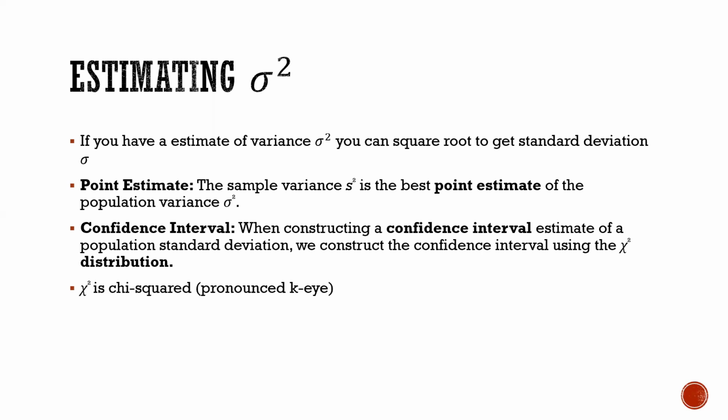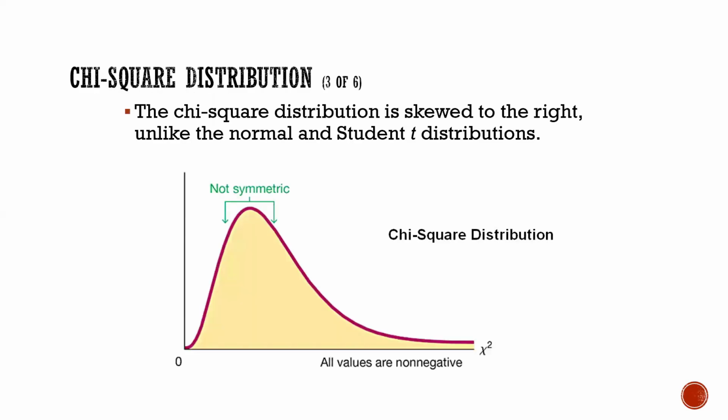It was a skewed distribution. And it was skewed right. So the chi-squared distribution, since it's supposed to help us estimate the distribution of sample variances, is also skewed right, unlike the t and the z distribution.